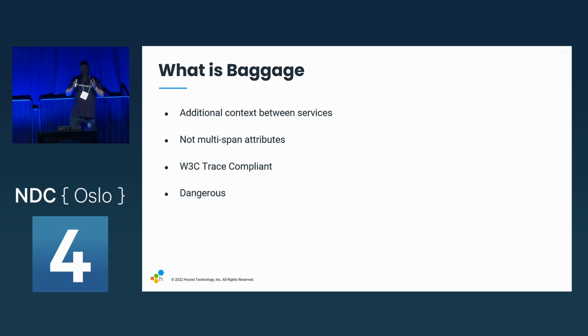Fun story, a customer of ours at Honeycomb decided to put things like that on their outbound, and didn't protect their outbound calls from removing that. And what happened was we started getting all of their data on our API, and we hadn't protected our API from inbound baggage.